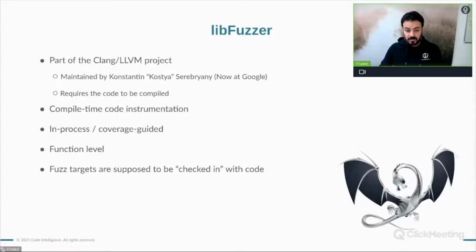These fuzz tests fuzz the current version of the code that you're checking in, and this makes it really suitable for continuous fuzzing or for CI/CD integration, where you check in your fuzz test. This fuzz test will then be compiled and run as part of a CI pipeline.